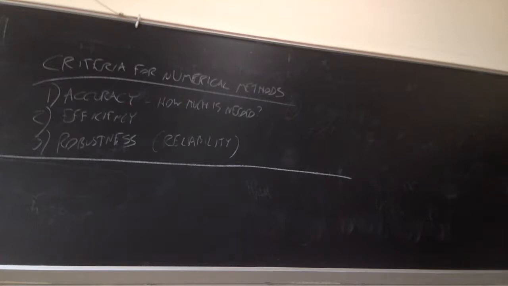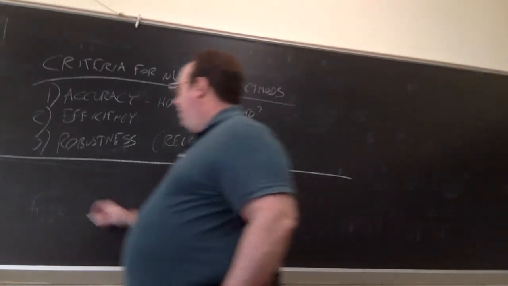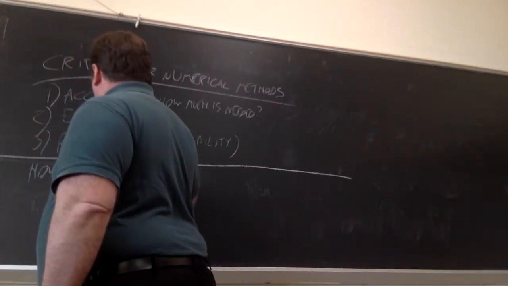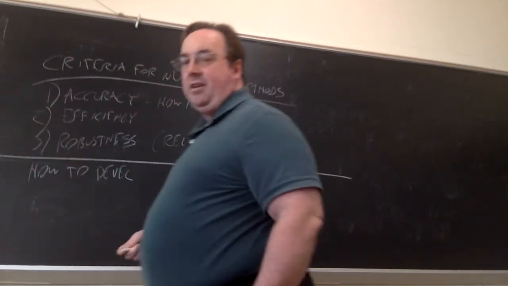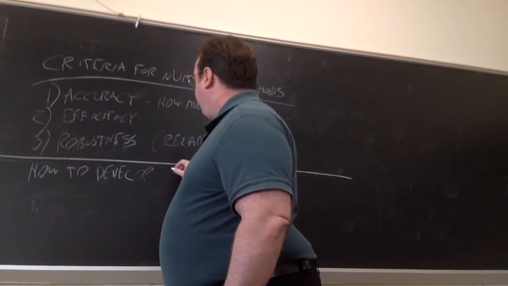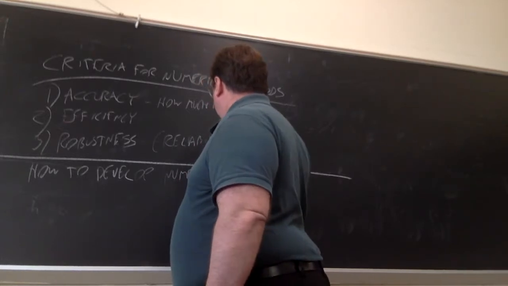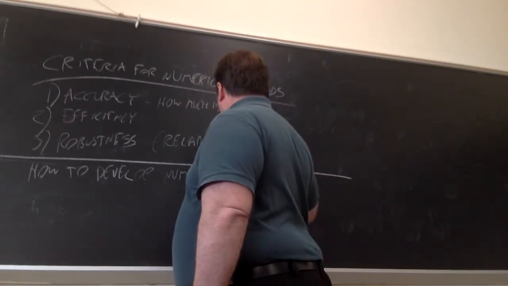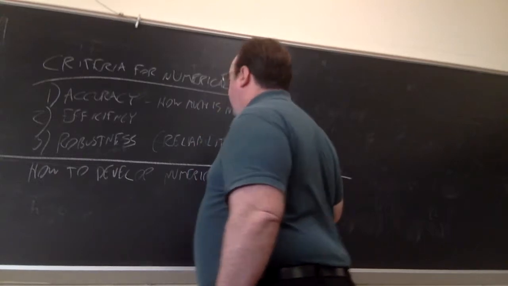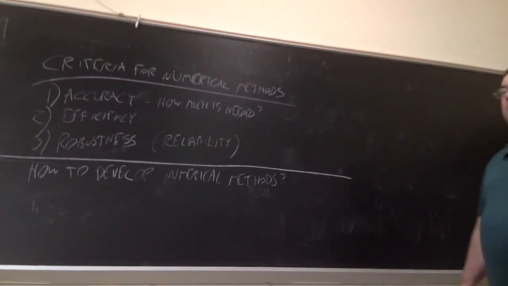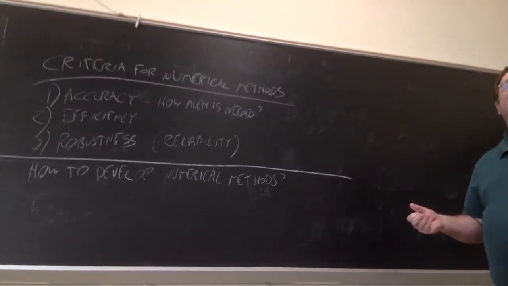Now, another running theme that we're going to have is, for a given problem, like the ones that we have here, what is our approach to developing numerical methods? Methods of producing an approximate solution, whether it's to be carried out by hand or on a computer.